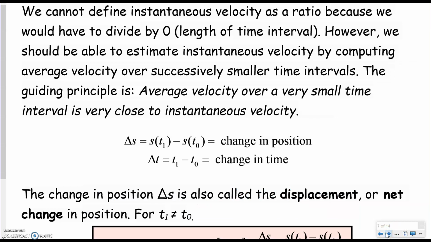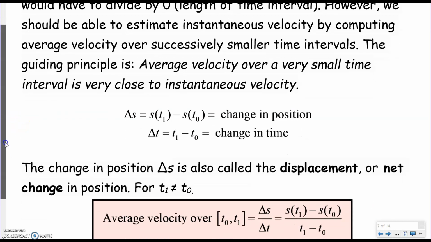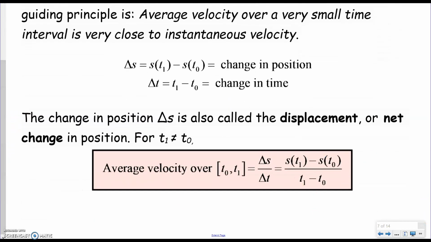We can't define an instantaneous velocity the same way though, because instantaneous velocity has no change in time. So if you divide by 0, it's undefined. So we are going to approximate that using average velocities for values that are closer and closer to the instant that we're looking at.